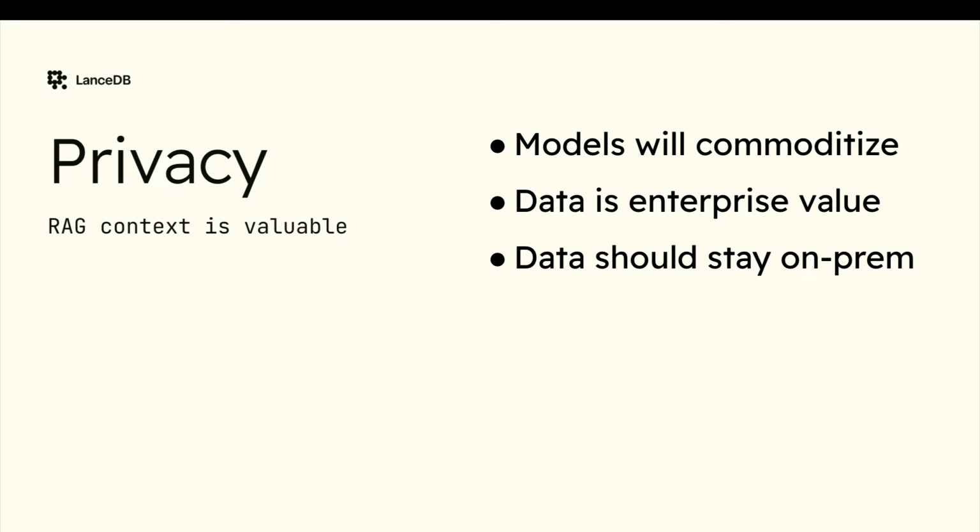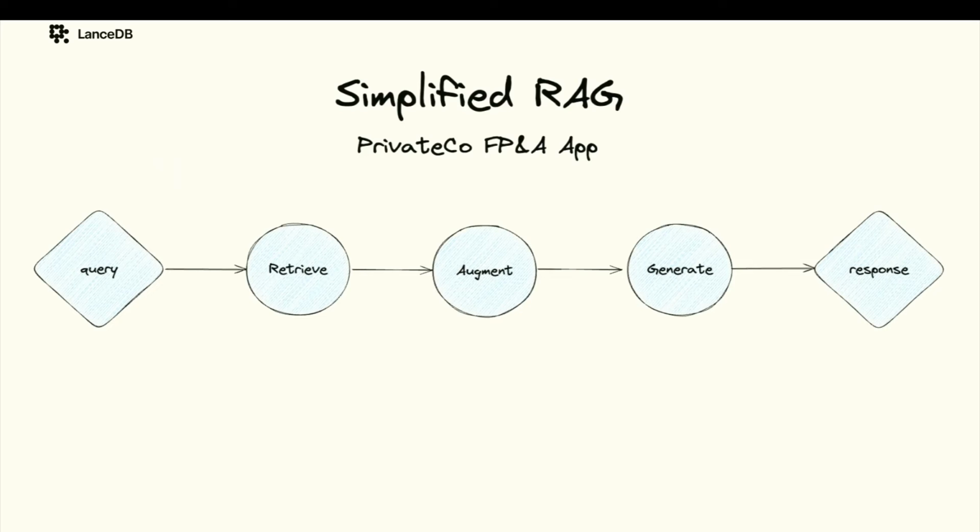So your most prized asset then should stay on premise, should stay private. But with a lot of RAG pipelines today, that's not the case. It's often easiest still to build RAG pipelines to start with calling third-party APIs for embedding generation and also for the LLM. So when a user query comes in, you call out to the embedding model.